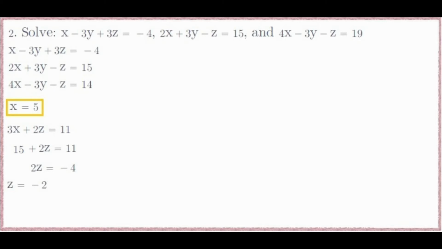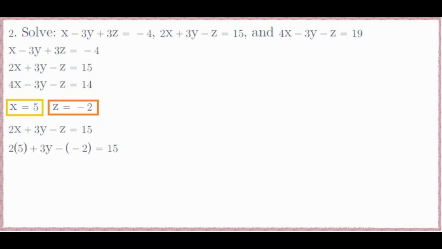Then we can take the value of x and the value of z and plug them back into one of the original equations to solve for y. So let's take 2x plus 3y minus z equals 15. Then we get 2 times 5 plus 3y minus the quantity -2 equals 15.